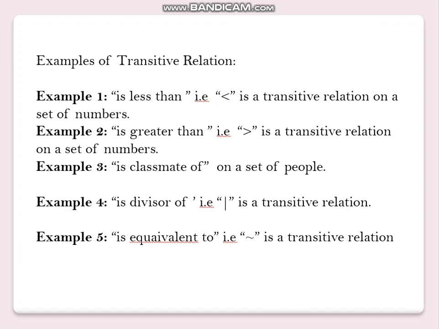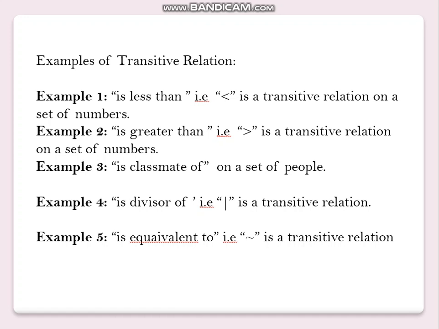Strictly less than relation is also a transitive relation. If A is strictly less than B and B is strictly less than C, then A is strictly less than C. In the same way, the greater than relation and "is classmate of": if A is classmate of B and B is classmate of C, automatically they are classmates of each other.